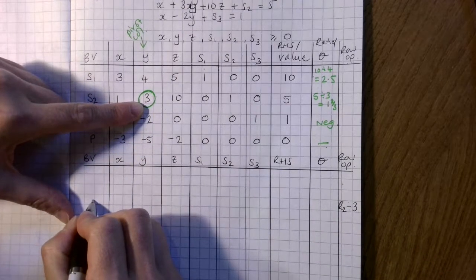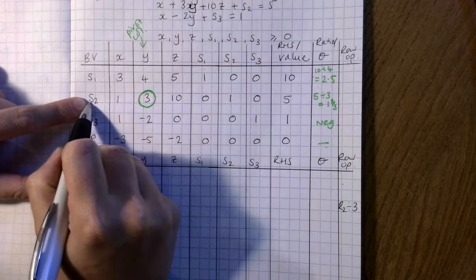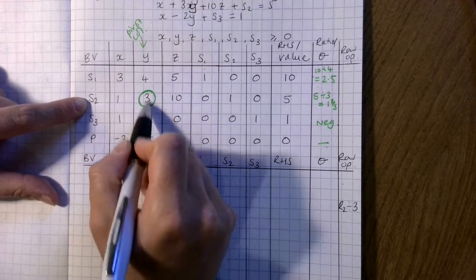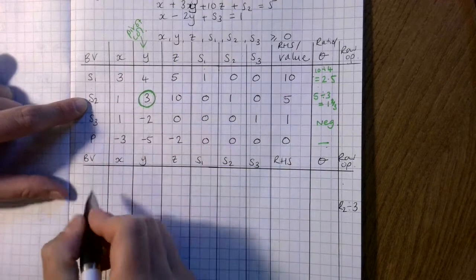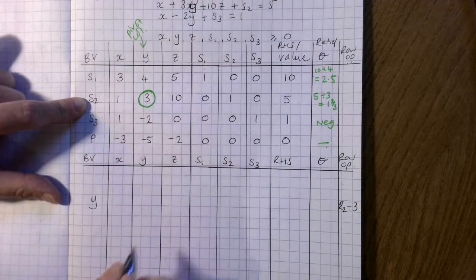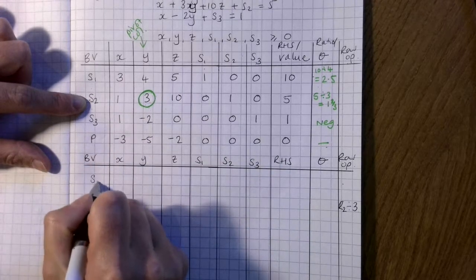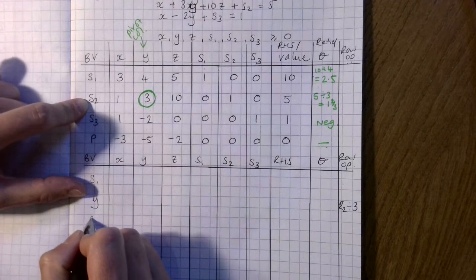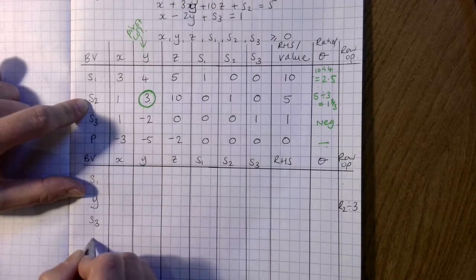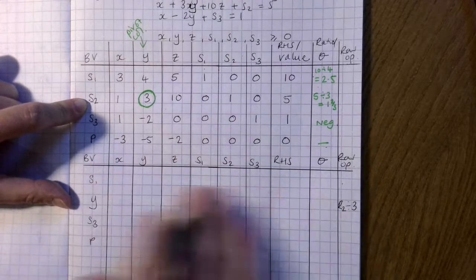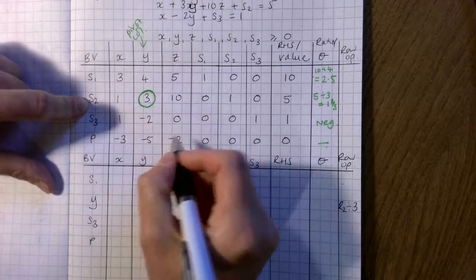So that s2 is going to turn into a y, because this time we're increasing it in the y direction. We know that nothing else is going to change. If it helps you line up your columns, which it does me, I quite like to fill in all of the others so that I've got them in the right place in the table.